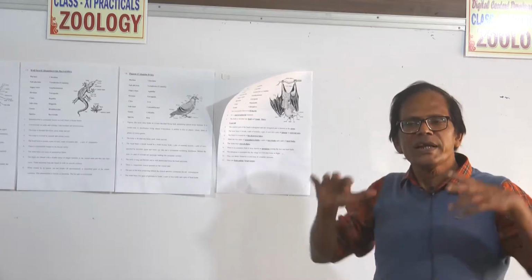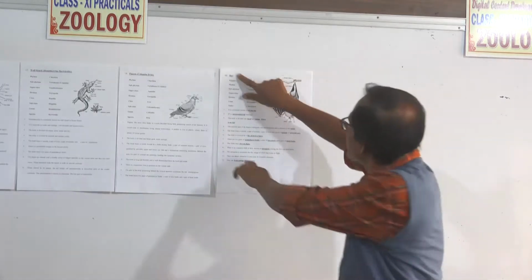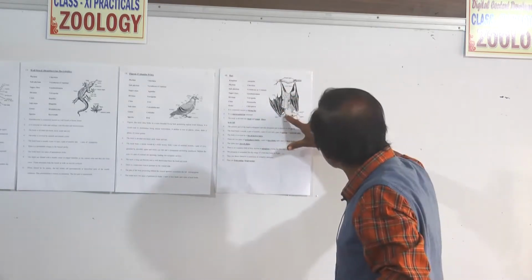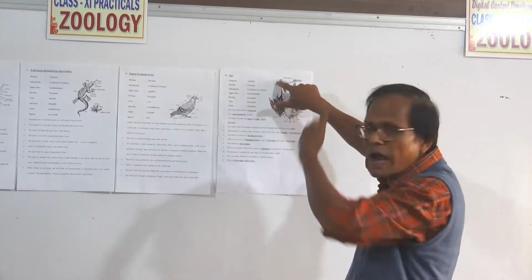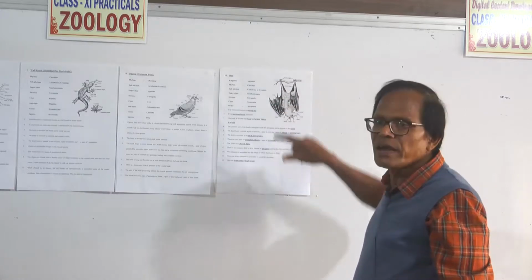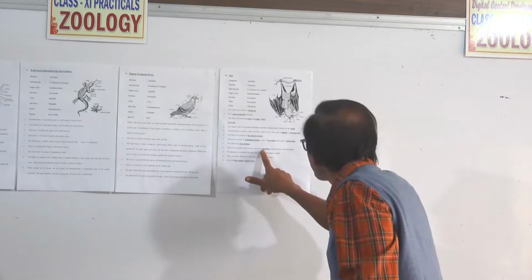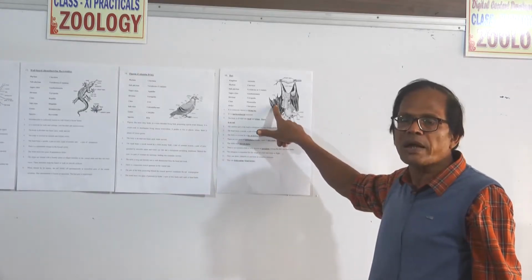Here, a fold of skin, look at the fold of the skin, stretches from the forelimb to the hind limb of one side. This fold of the skin is known as the patagium.